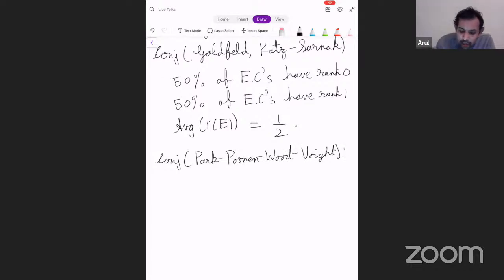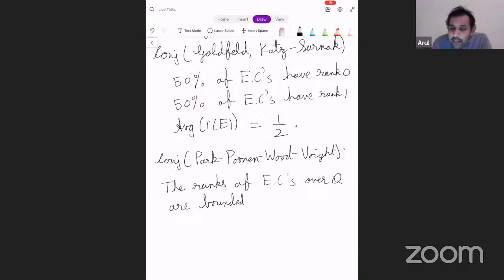And this conjecture says that the ranks of elliptic curves over Q are bounded. So it's absolutely bounded. This function that assigns to an elliptic curve its rank doesn't go to infinity. And in fact, they're explicit about what the bound should be.